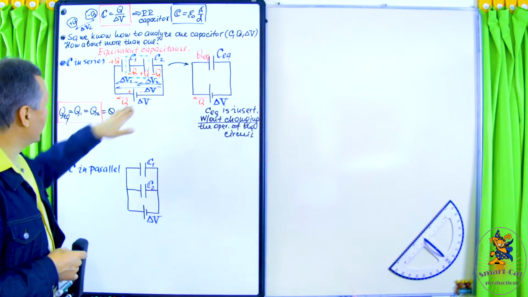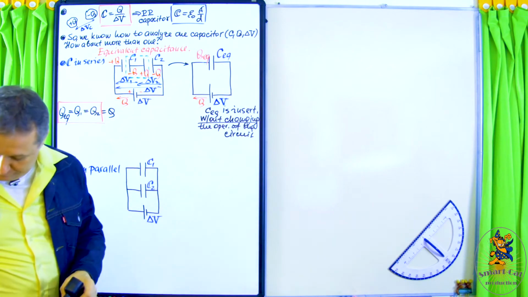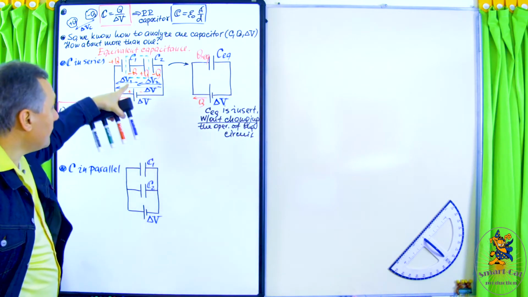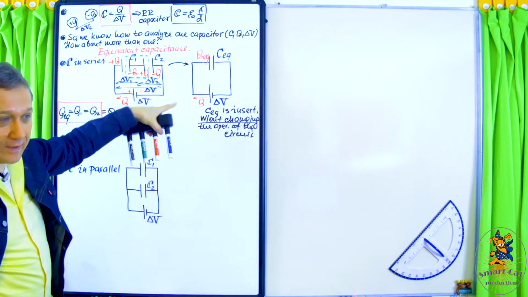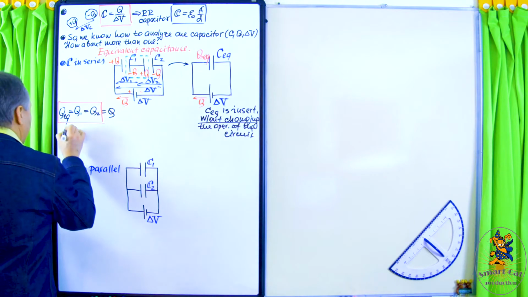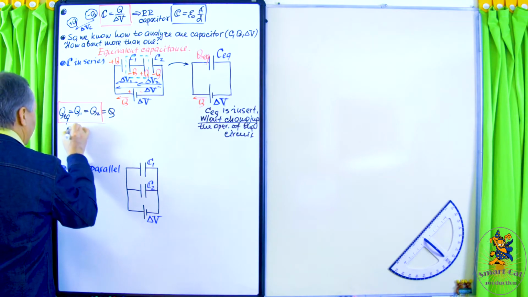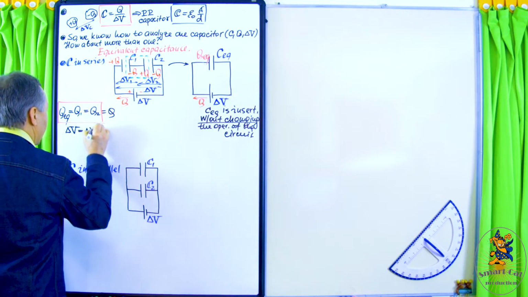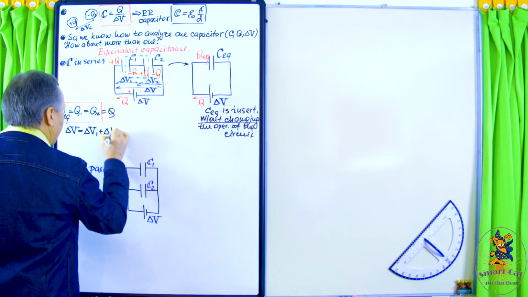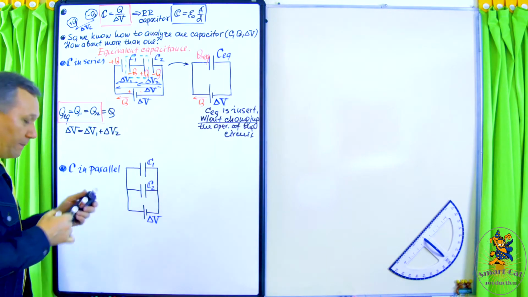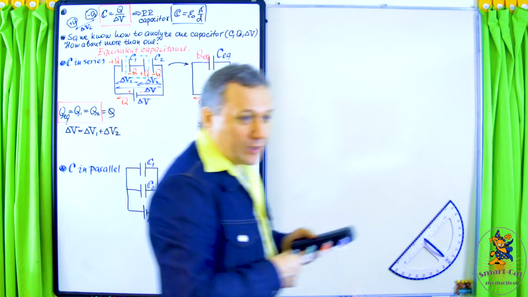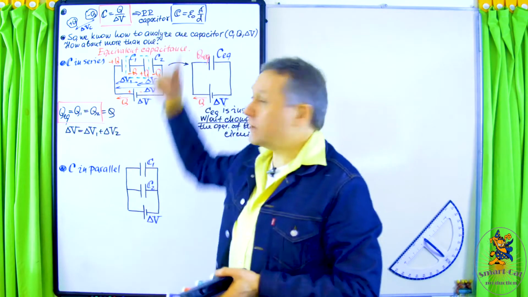So we can write that delta V equals delta V1 plus delta V2. That's the piece of information that we can extract about delta V.